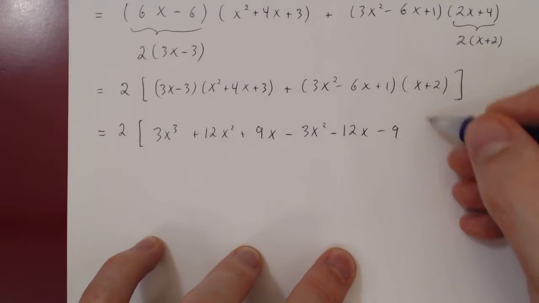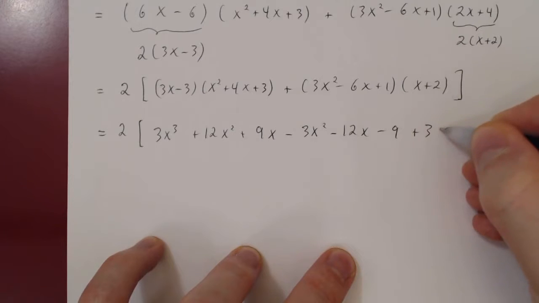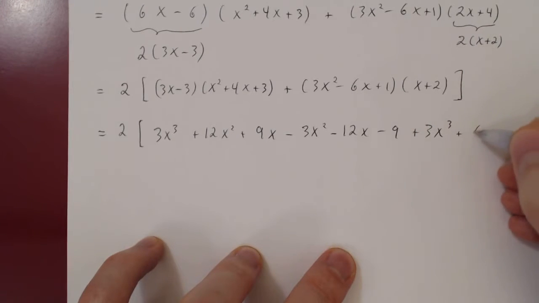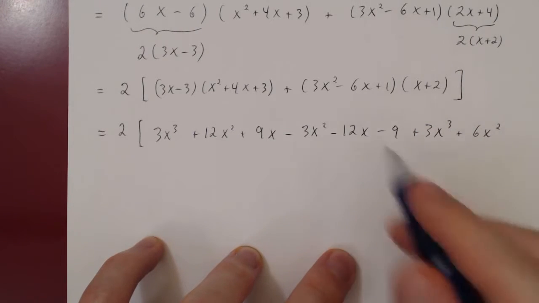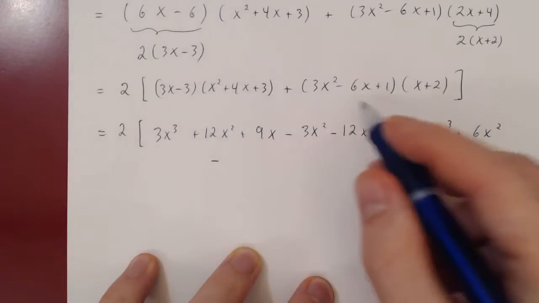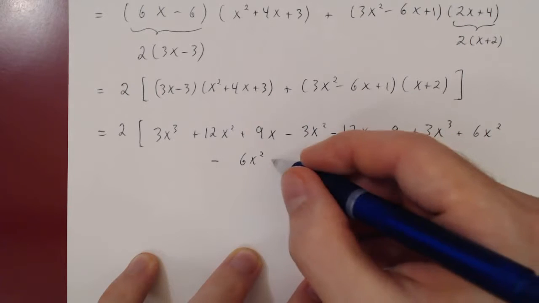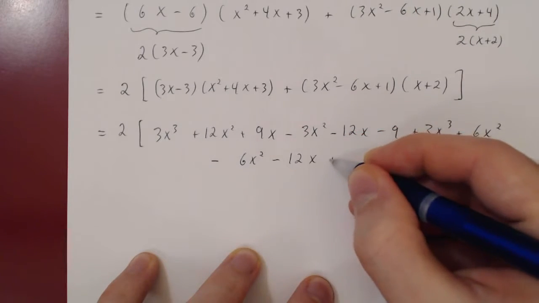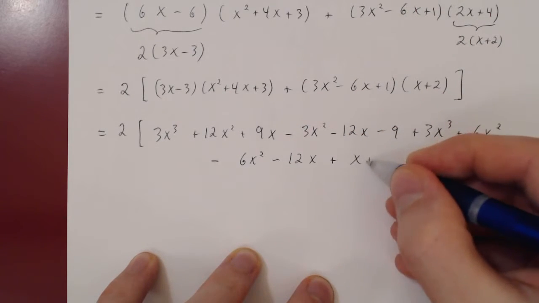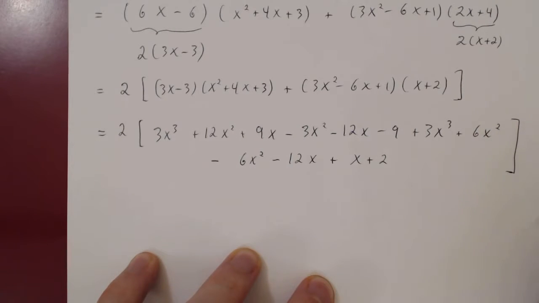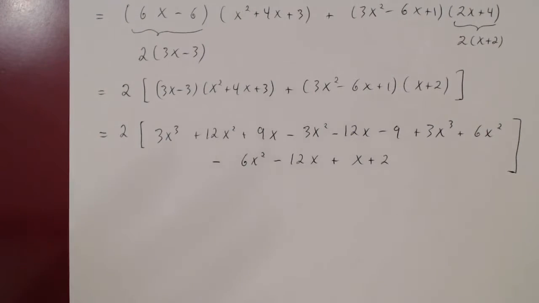So 3x squared times x plus 2, 3x cubed plus 6x squared, minus 6x times x, 6x squared, minus 12x. And finally, plus 1 times x plus 2, plus x plus 2. It's not pretty, but it's a cubic polynomial.